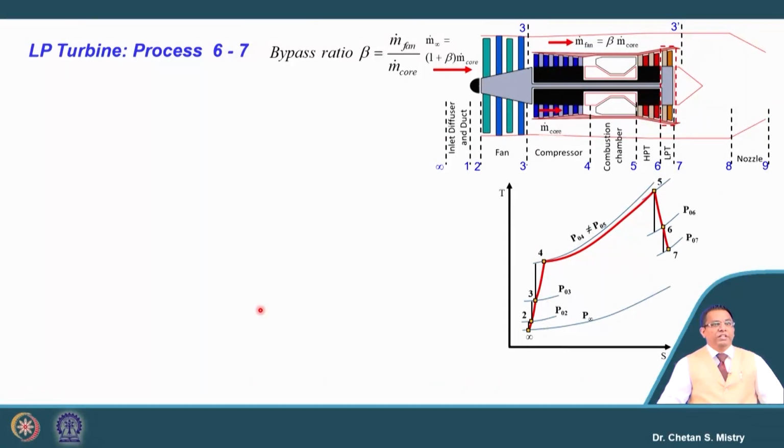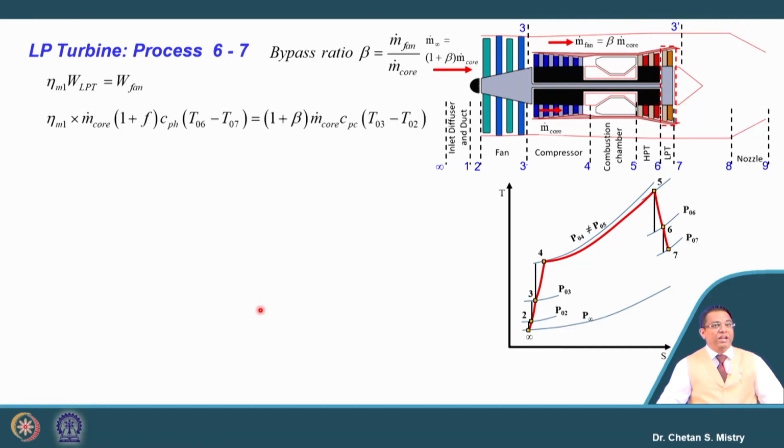Okay. Let us see, we have our LP turbine. Similarly, we can write down this LP turbine is mainly used to rotate our fan or fans, and if we put this balance, you can say it is m Cp delta T0. Here this is m dot core into (1 plus f).